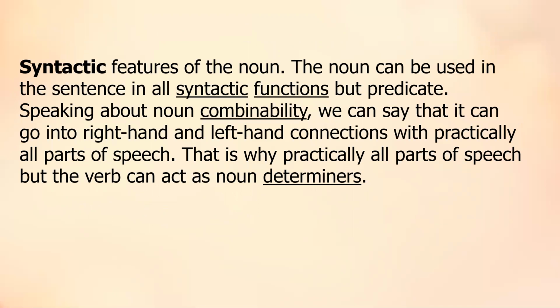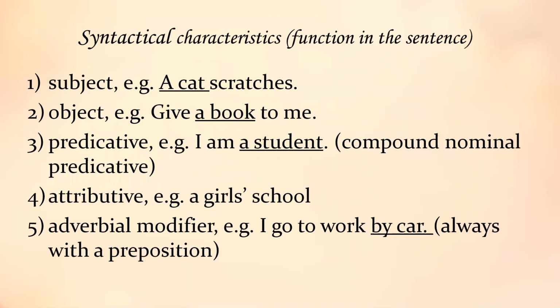The noun can be used in the sentence in all syntactic functions except predicate. Speaking about noun combinability, we can say that it can go into right-hand and left-hand connections with practically all parts of speech. That's why practically all parts of speech, but the verb, can act as a noun determinant.